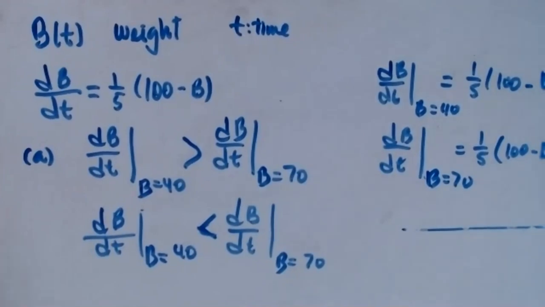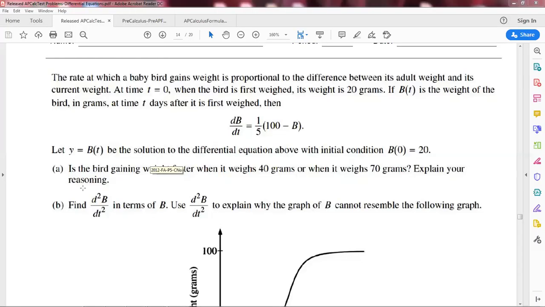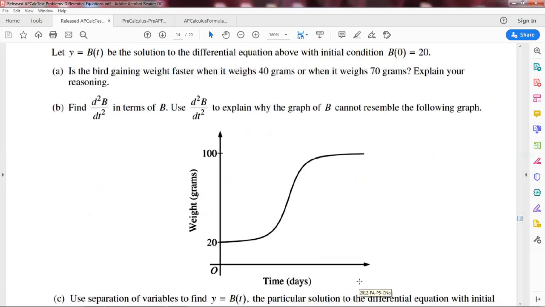Okay. Next question. The next question is, find the second derivative of b in terms of b. Use the second derivative to explain why the graph of b cannot resemble the following graph. And it's this one, right?